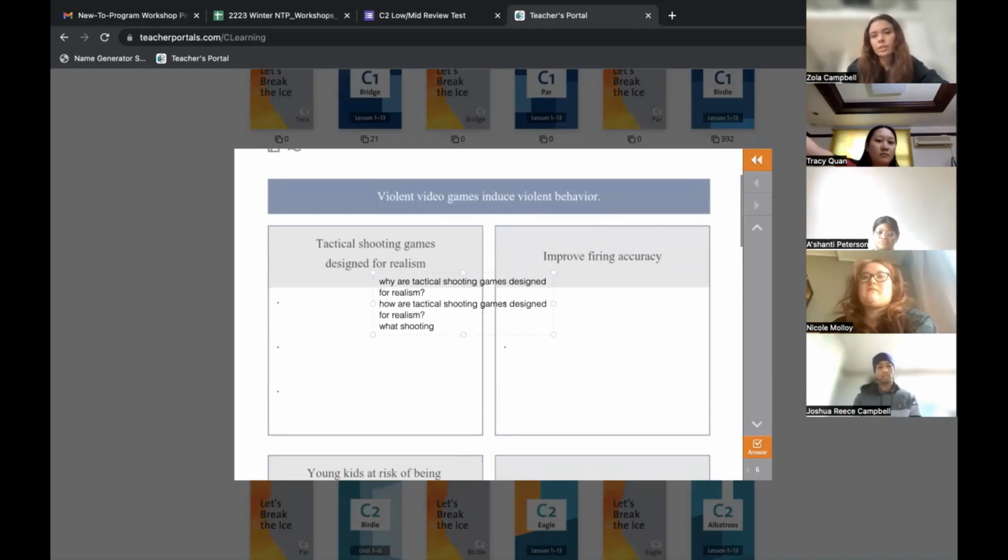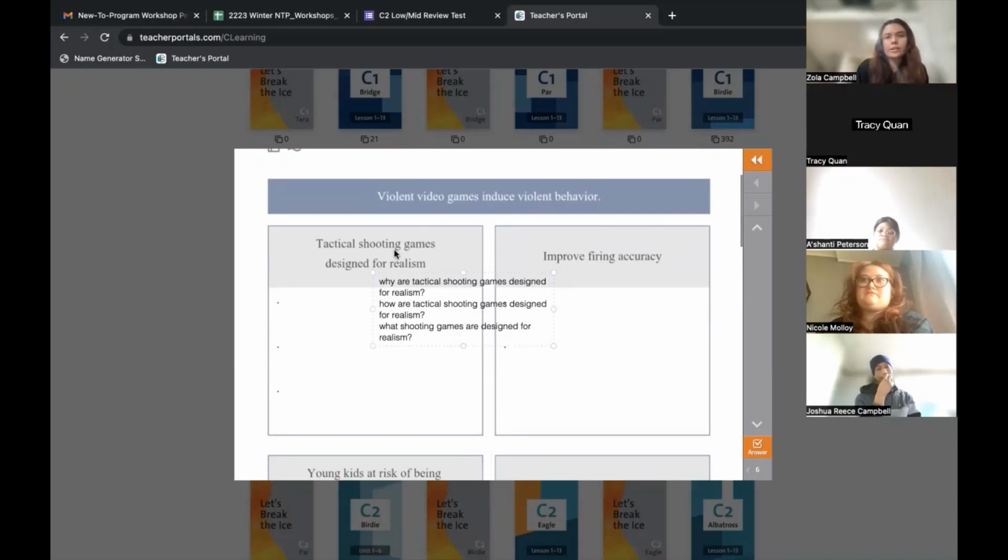What shooting games are designed for realism? Okay, so things like that. You should have some in your head just in case they're not too confident in WH questions, but by the end of the term, they should be able to ask these right away.